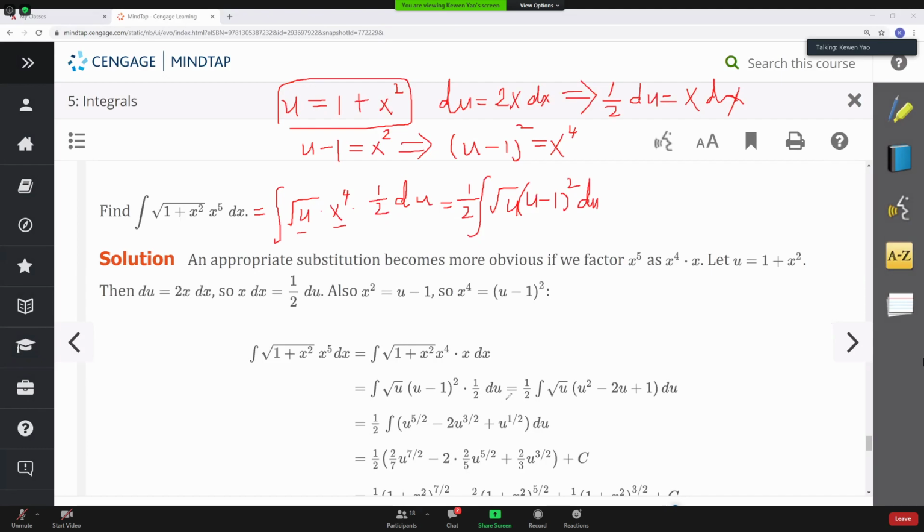Okay, so let's take a look at the steps in the textbook. See here, it's 1/2 square root of u. Now expand these. That's easy to expand: u squared minus 2u plus 1. The du is from here. Now what's next? You distribute, right? Inside, this is u to the power 1/2, remember?